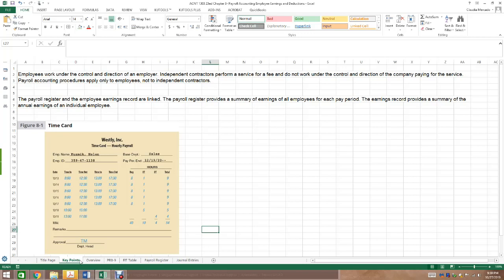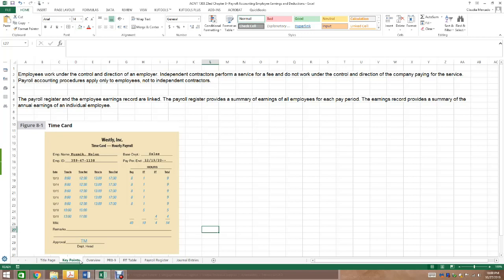Okay. So what the payroll register does, it provides a summary of all of the earnings for all of our employees. It's a wonderful document, a wonderful report. You pull it up, and it has all of the details by employee for every pay period. Okay, so the earnings records, this is the employee earnings records. It basically provides a summary of the annual earnings for an individual employee. So whenever we're looking at employee earnings records, that is for one employee.